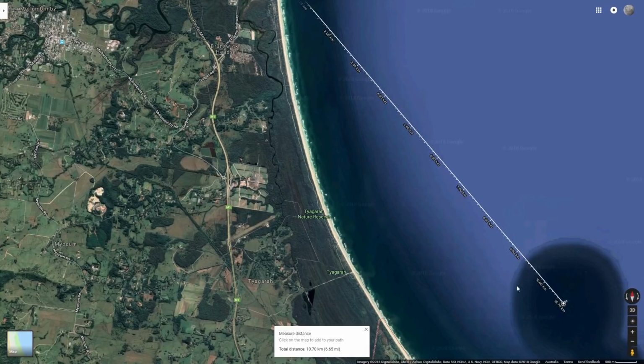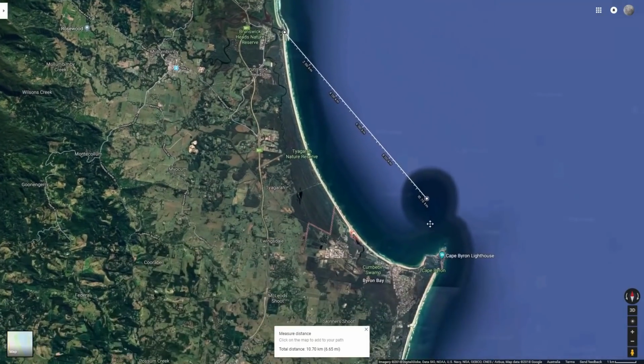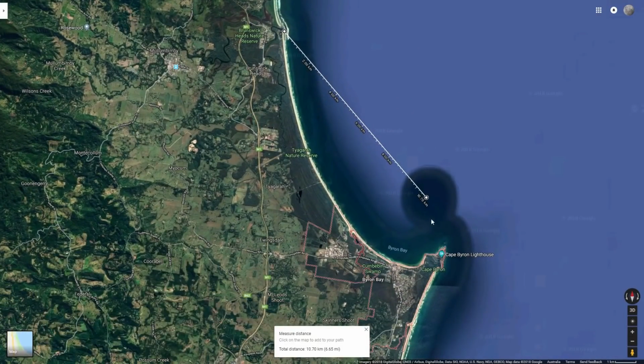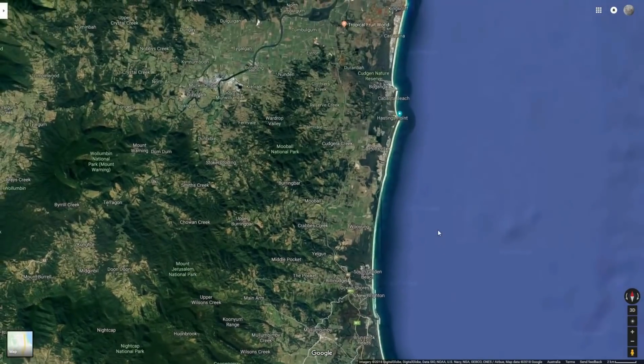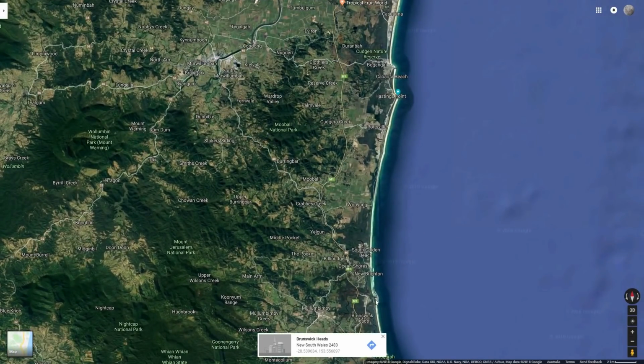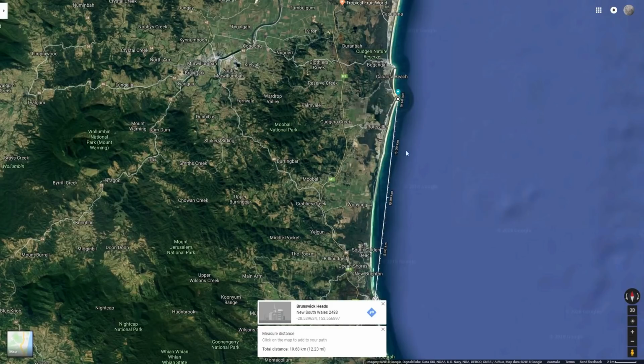So there's 6.65 miles there to Julian Rocks, and depending on your height, for looking at that, there will be some amount hidden, and then 8.28 miles or 13 kilometers to Cape Byron, and to Hastings Point, which will go view up there, is about 12 miles and 20 kilometers.